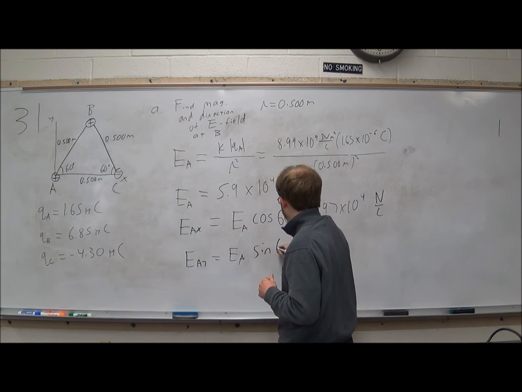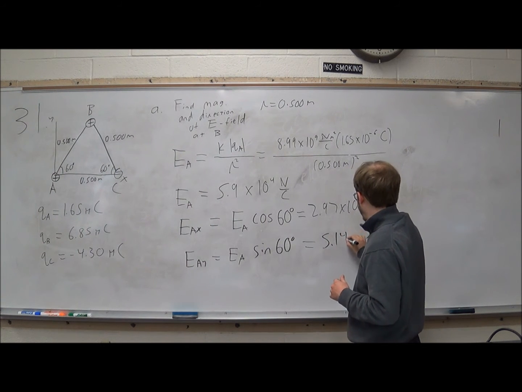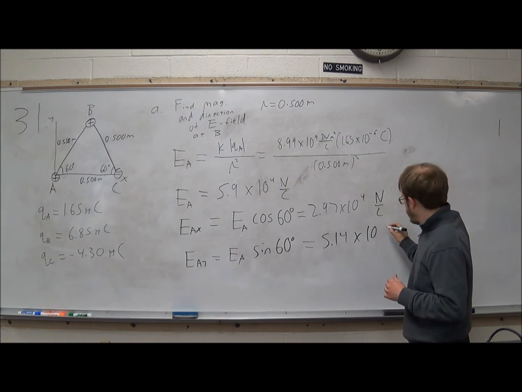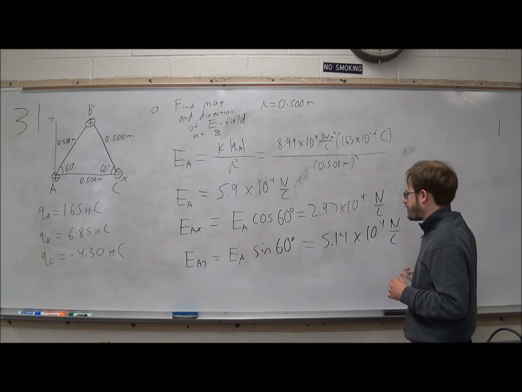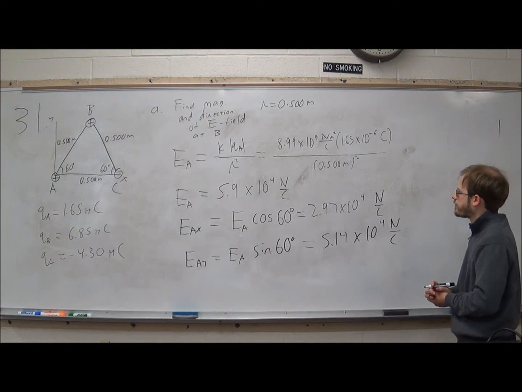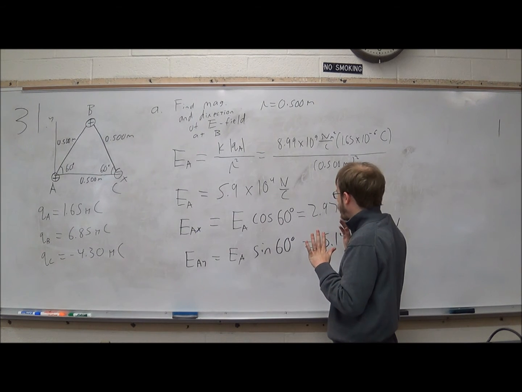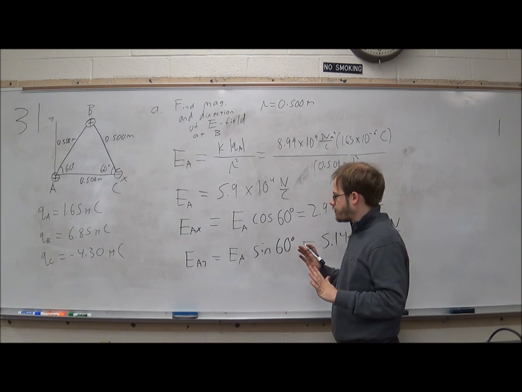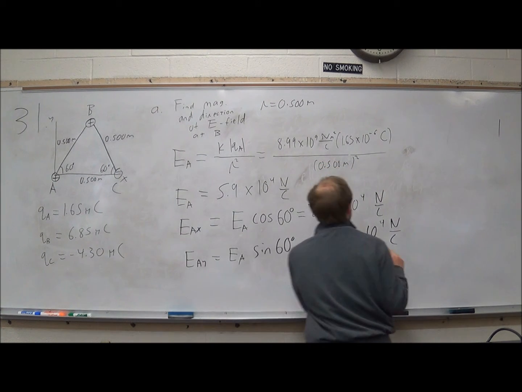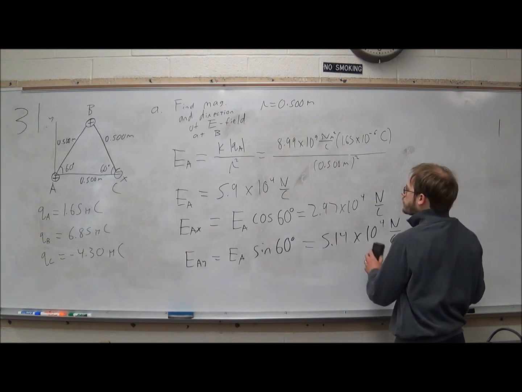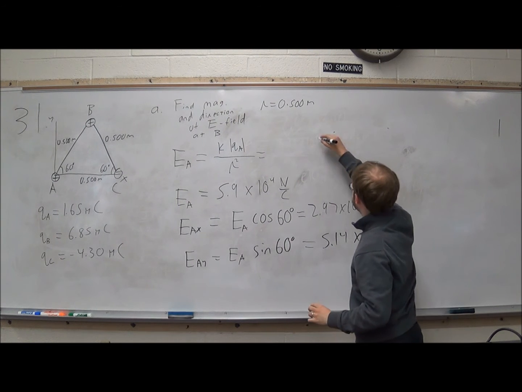In this case, we'd be using sine of 60 degrees, and that would be 5.14 times 10 to the fourth power newtons per coulomb. Notice we're not quite done. Now we've got our components, so we need to write this in unit vector notation.